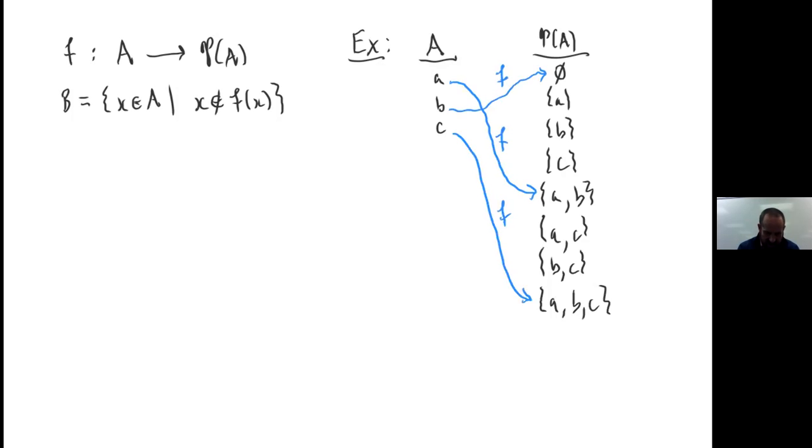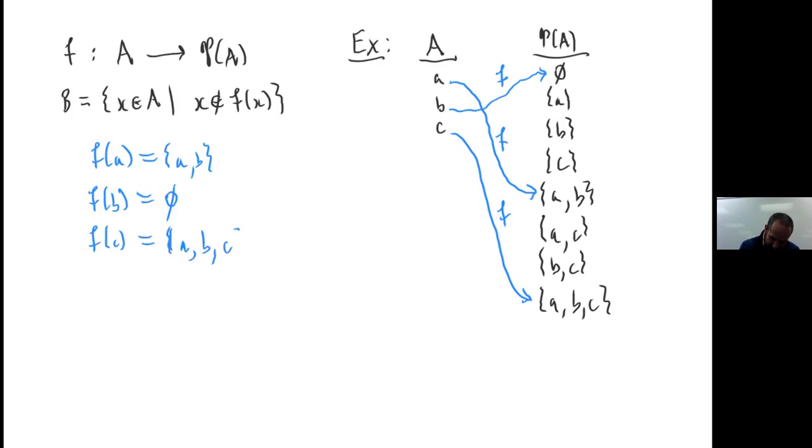So in other words, F of little a, what's the output? If the input is little a, the output is the set consisting of a, b. What is F of little b? The empty set. The input is b, the output is the empty set. What about c? The set consisting of a, b, and c.